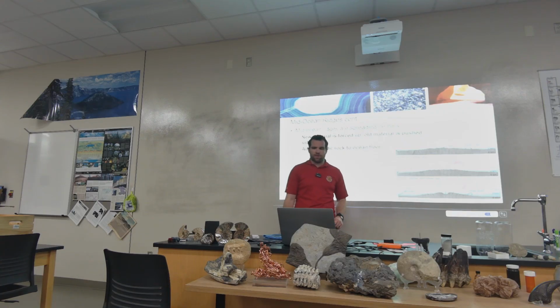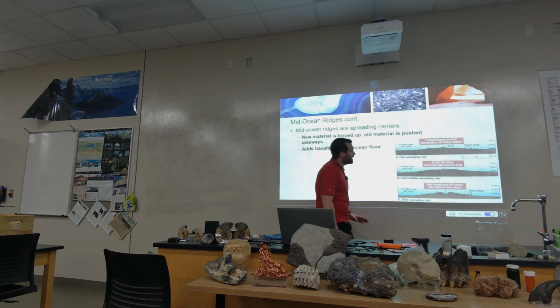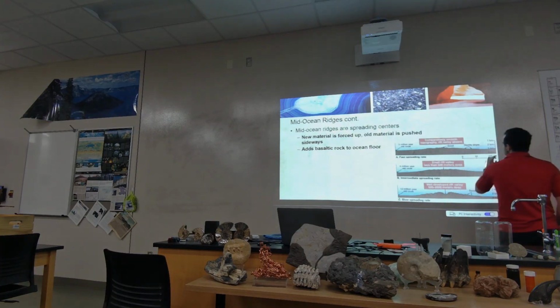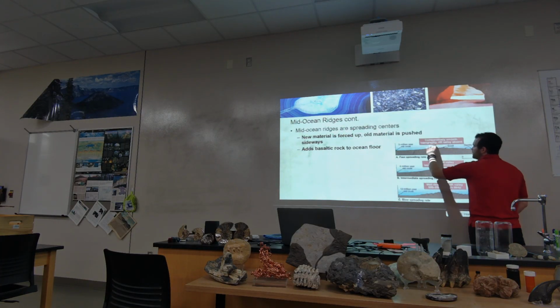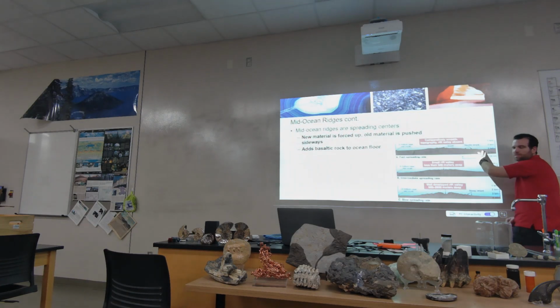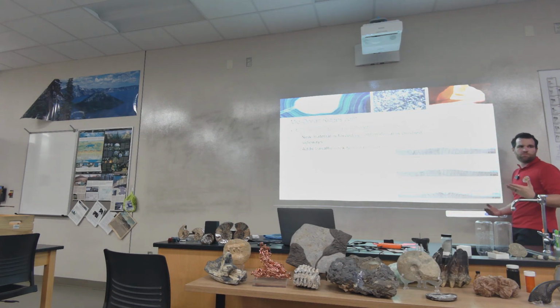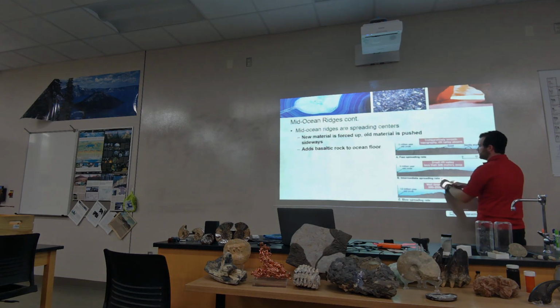Okay, so this is showing you a cross-section of mid-ocean ridges and how they start. So our oceanic crust is a thick layer of basalt and gabbro, more or less. And then you start getting the convection cells underneath of it going in opposite directions.